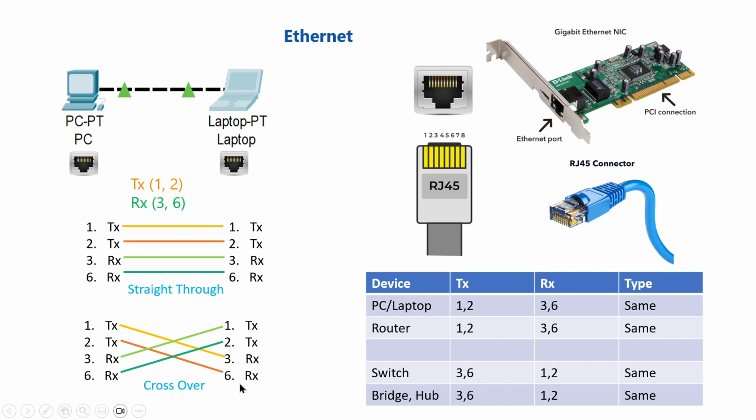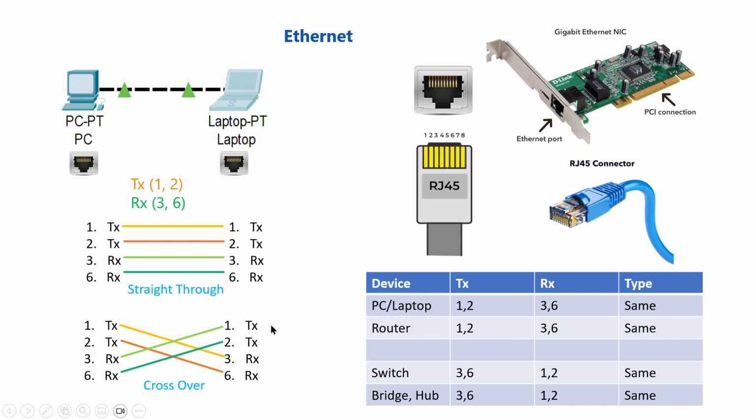So when we have this one cable, and we look at it from one end and trace pins 1 and 2, when it reaches the other end, those same wires are now going into pins 3 and 6 slots. And that is what is meant by a crossover cable. We need to do this so that we ensure the transmit is going to the receive.